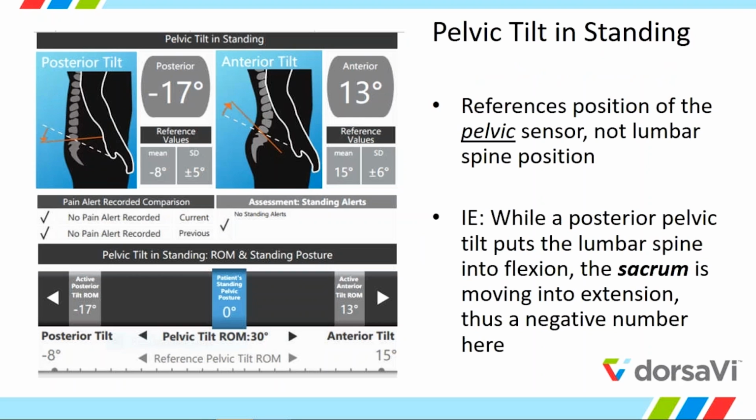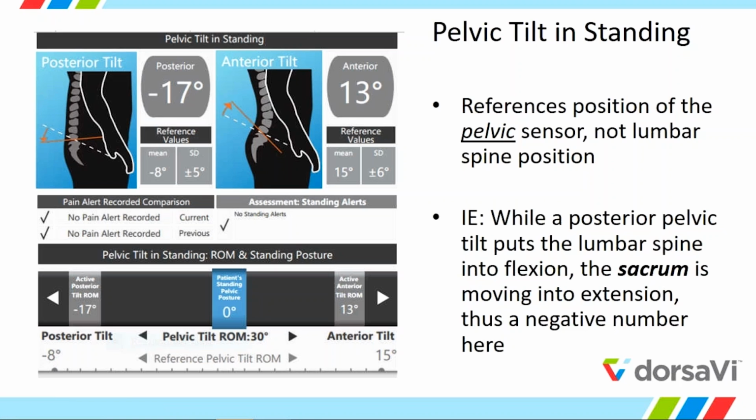Okay, pelvic tilt in standing is next on the list in the report. And you can see here we start with posterior pelvic tilt. Now, posterior pelvic tilting puts your lumbar spine in a position of flexion, correct? But we have extension here. You see it's a negative number, -17. The reason is because this refers only to the pelvic sensor.